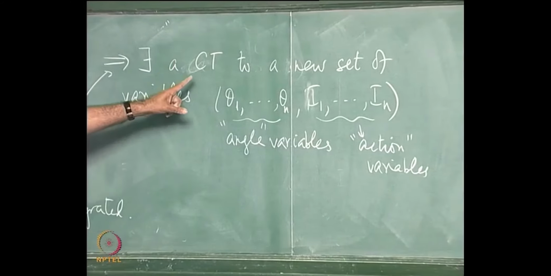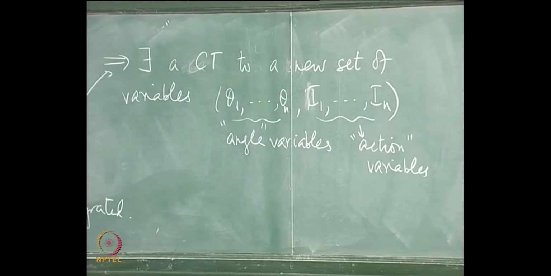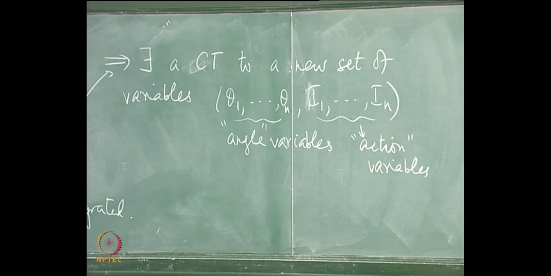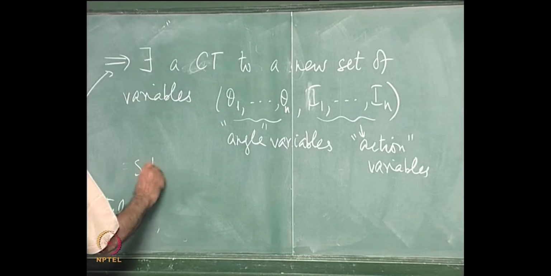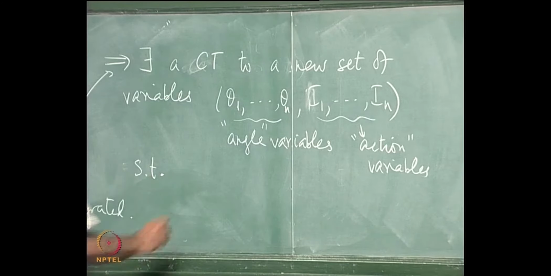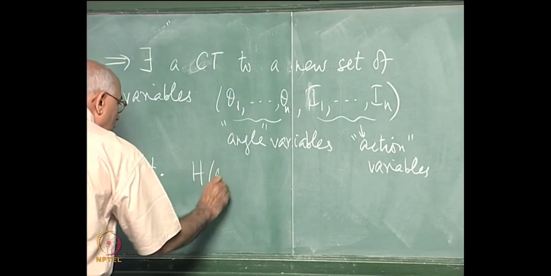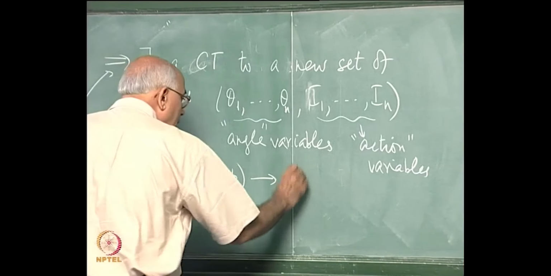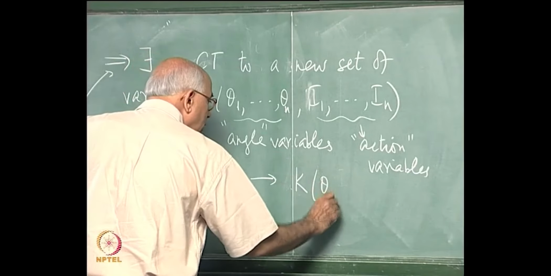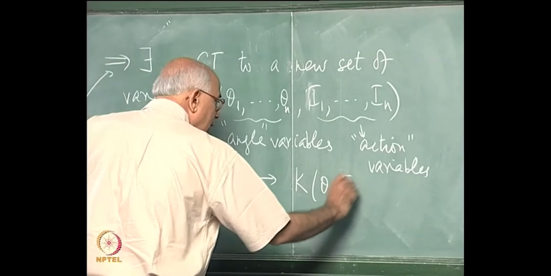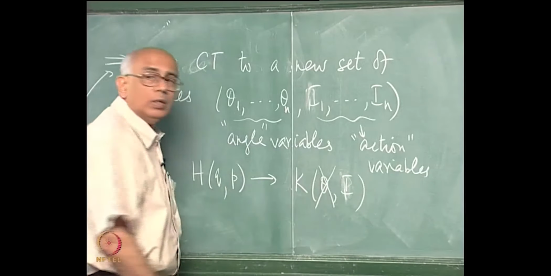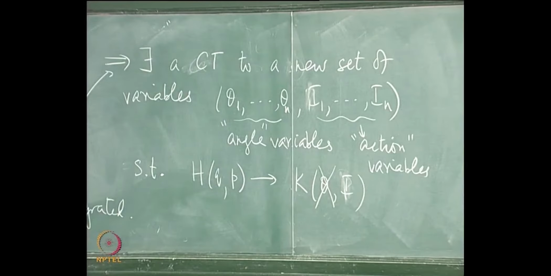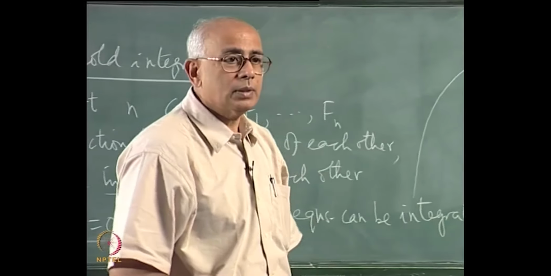And it is a canonical transformation. So we are guaranteed that Poisson bracket relations are valid, we are guaranteed that the structure of Hamilton's equations is unchanged, such that the Hamiltonian H(q,p) goes over to a new Hamiltonian which we denoted by K, which would have been a function of all the thetas and I's, but the magic is that the new Hamiltonian does not depend on any of the first n variables, the theta variables.